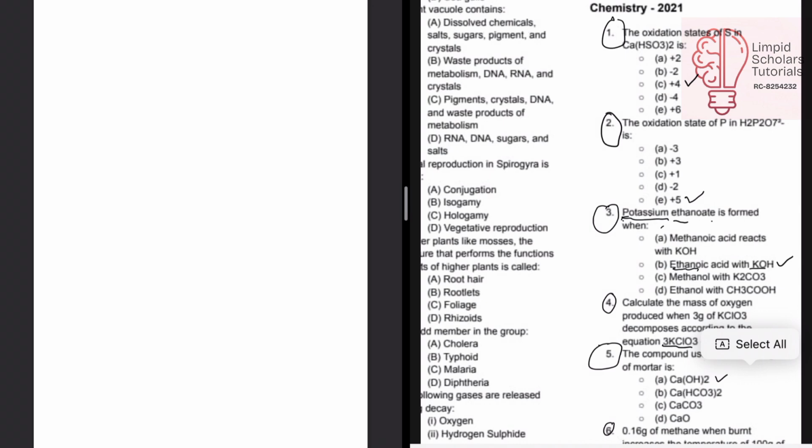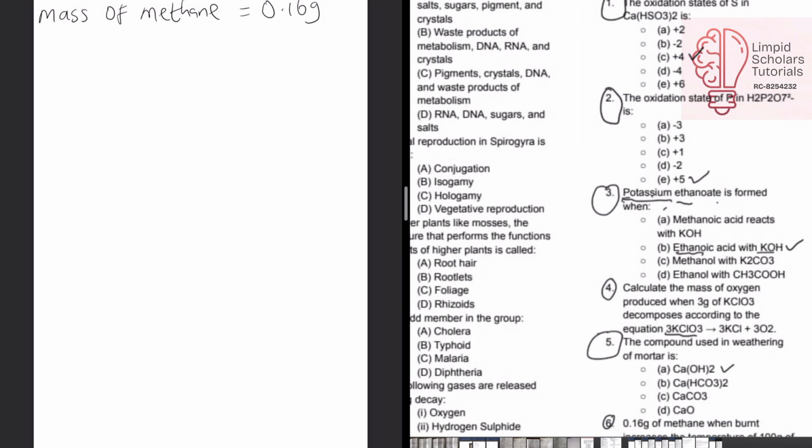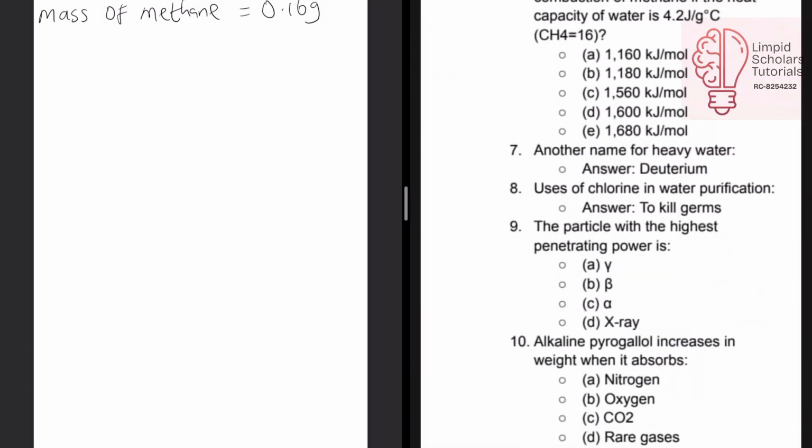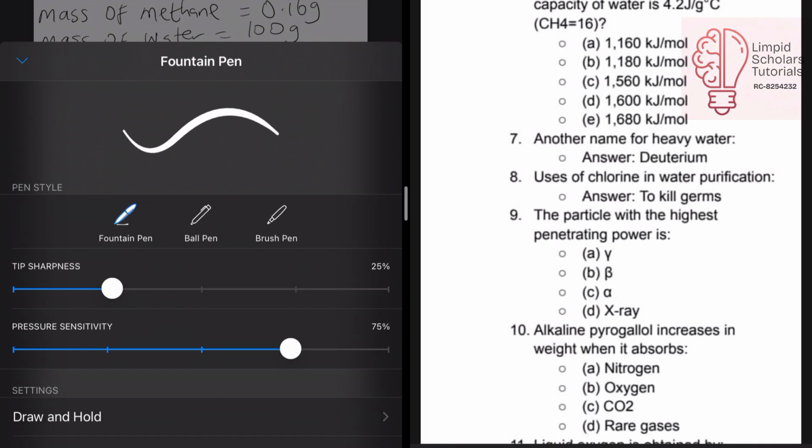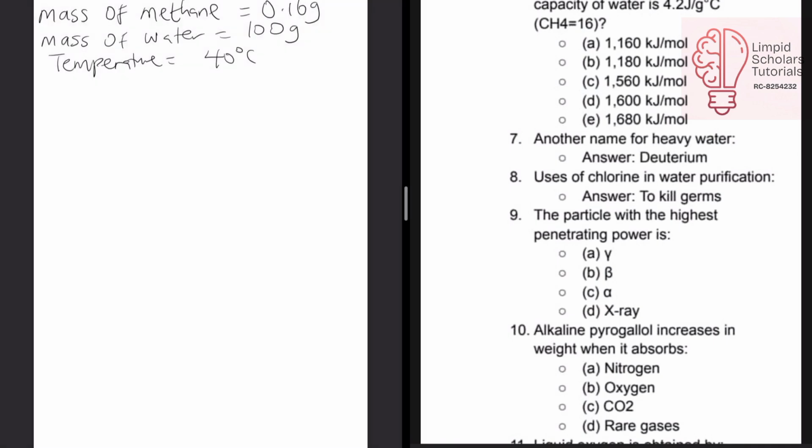So 0.16 gram mass of methane, when burnt, increases the temperature of 100 gram of water by 40 degrees Celsius.